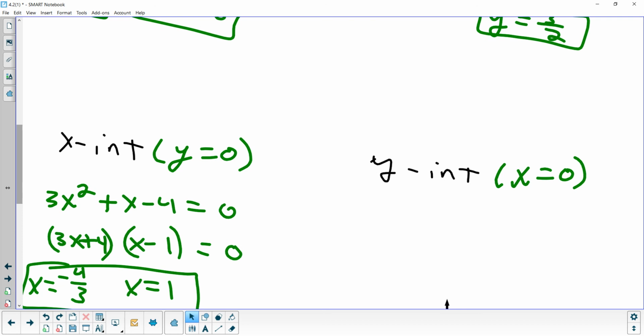So I get negative 4 divided by 0. What does that mean my y-intercept is going to be? No, the 0 would have to be in the top for that to be 0. Yeah, it's undefined. There isn't one. This graph will never cross the y-axis.